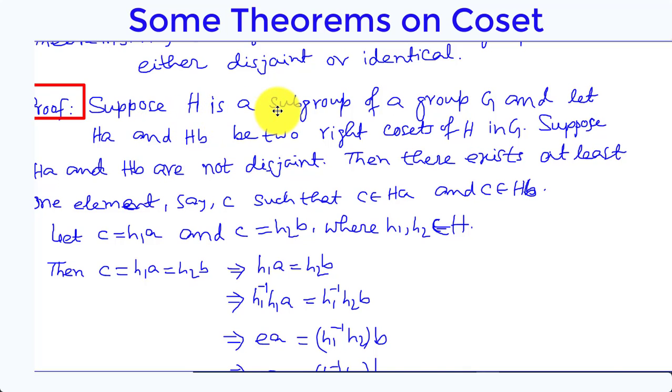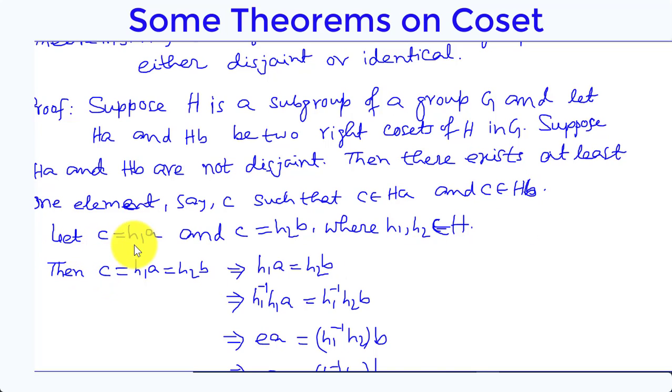Suppose H is a subgroup of a group G, and let right coset Ha and right coset Hb be two right cosets of H in G. Suppose Ha and Hb are not disjoint. Then there exists at least one element, say c, such that c belongs to Ha and c belongs to Hb.